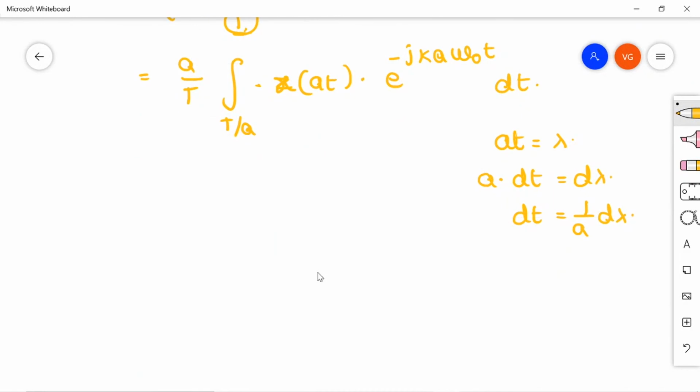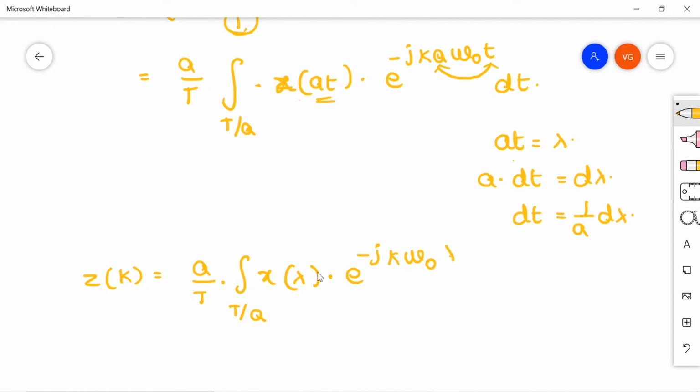Let us do that. So z of k can be written as a by T integral over T by a, of x of a t, where a t is nothing but lambda here. So that is x of lambda e power minus j k omega naught lambda, right? Wherever a t is there, I am just replacing it with lambda.